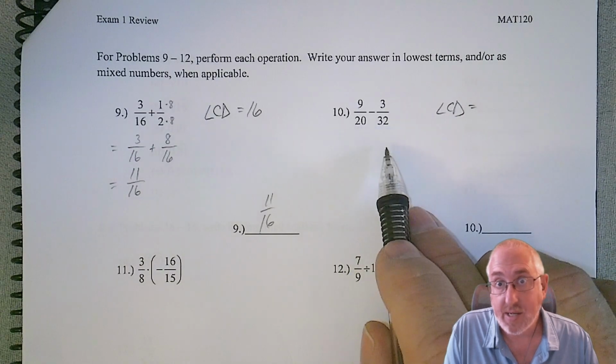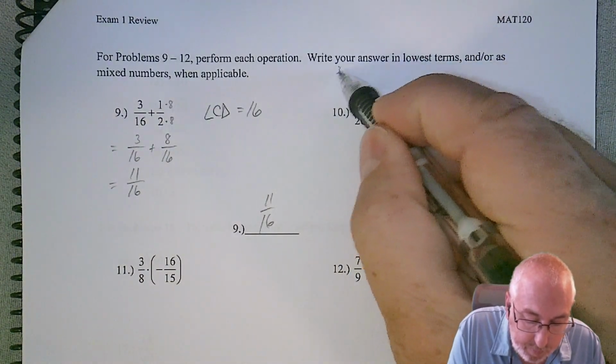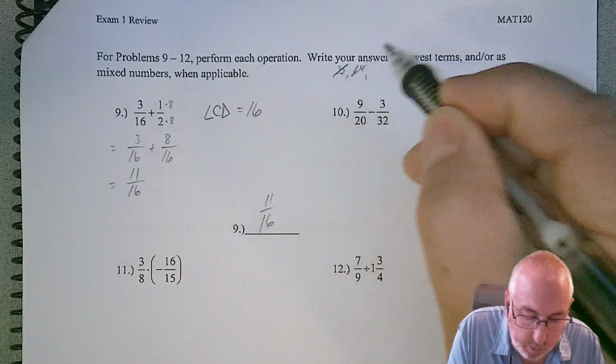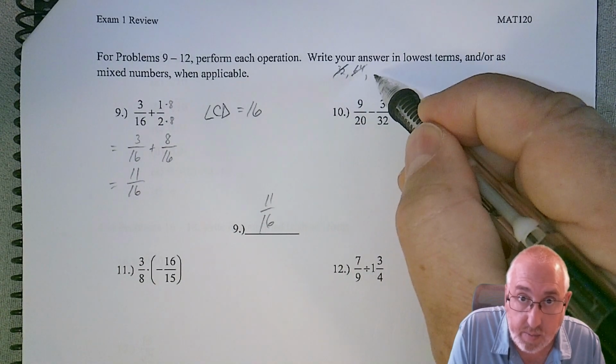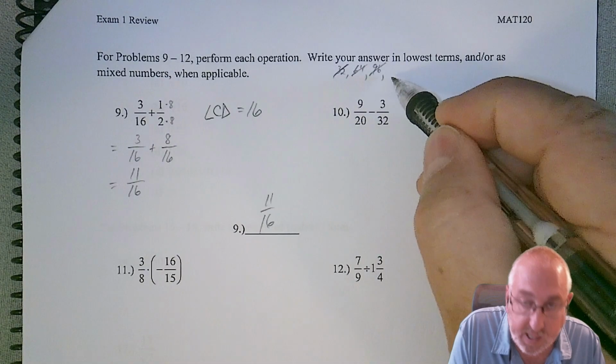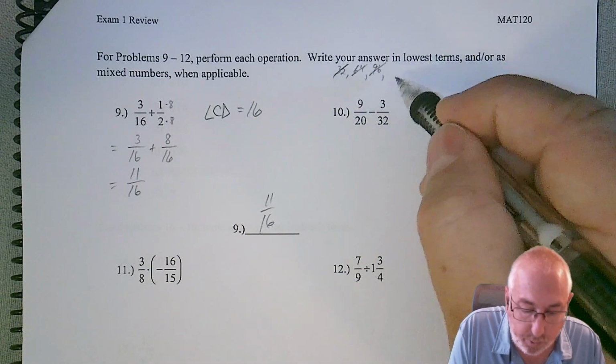Does 20 go into 64? No. If you want to keep a running list up top, you can. So 32 was a no-go, 64 is a no-go. The next multiple after 64 would be 96. That's a no-go. Next, if we add 32, that would be 128.